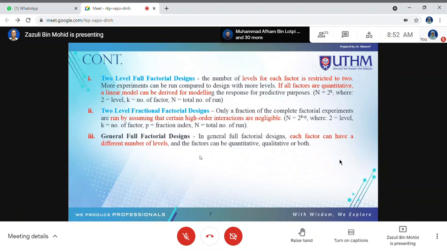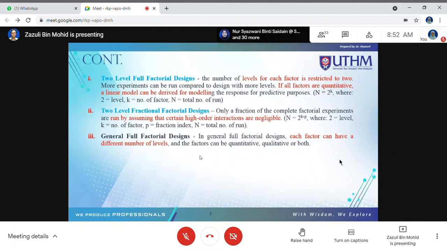Another two are two-level full factorial design and two-level fractional factorial design. We have to look at this slide. Two-level full factorial design is where the number of levels for each factor is restricted to two. So if you have factors, for each of them we can select the minimum and the maximum value.